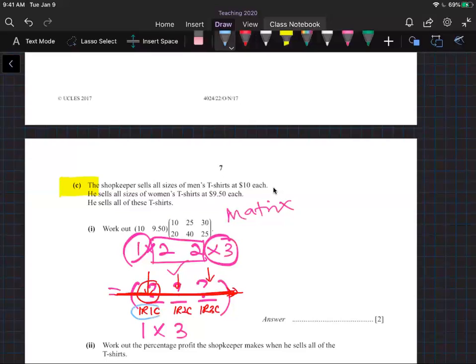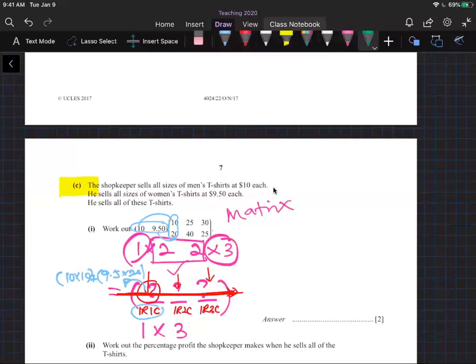Okay, we're going to use this information right here. First row, first column means the first row here multiplied with the first column. So 10 times 10, 9.5 times 20. Don't forget to add them. This is for the answer of first row, first column.